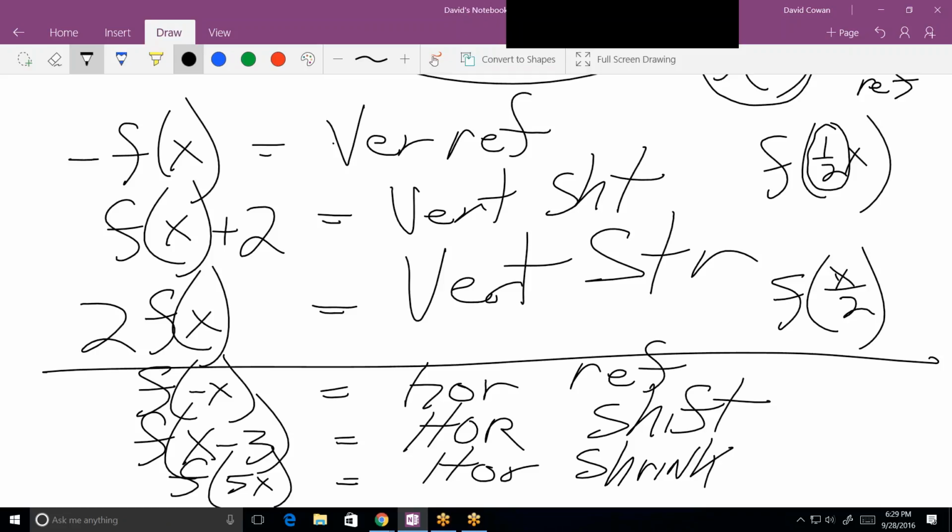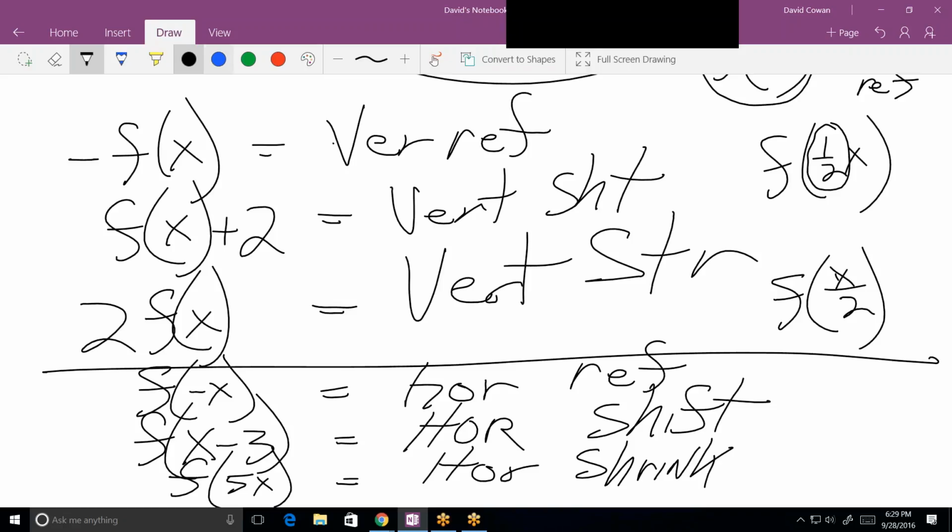And you can't just say less than 1 because negative numbers are less than 1. And the moment you put a negative number in there, it means a whole different thing. It means a horizontal reflection. So when I'm differentiating between stretches and shrinks, I only care if the number is greater than 1 or between 0 and 1.